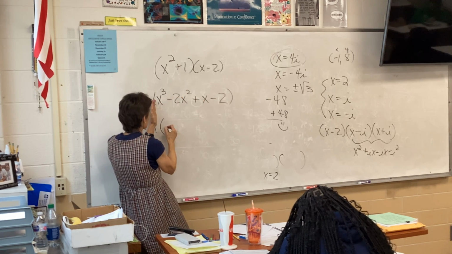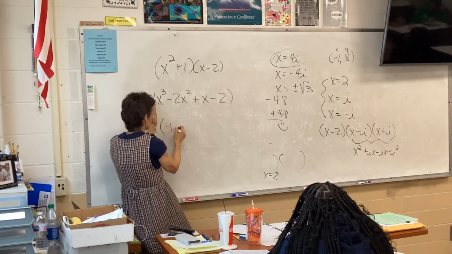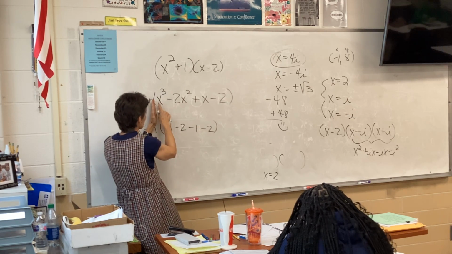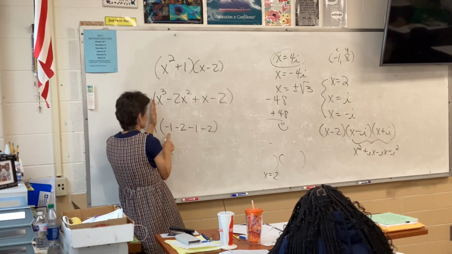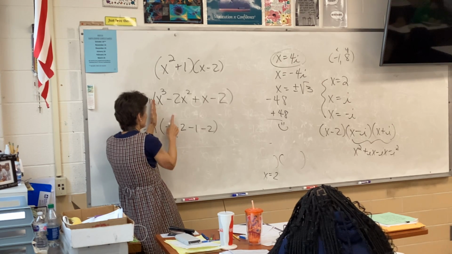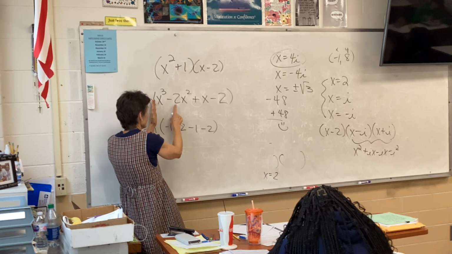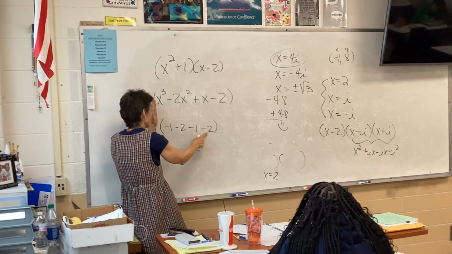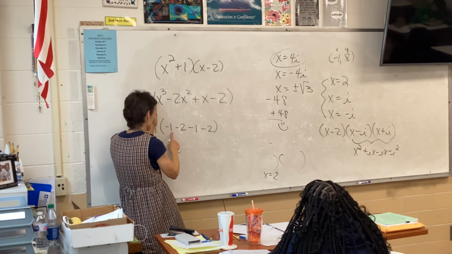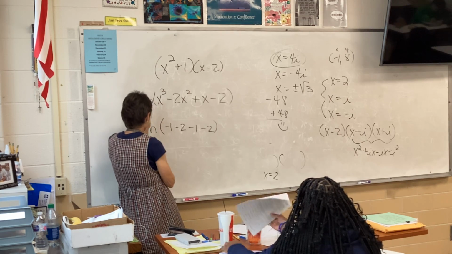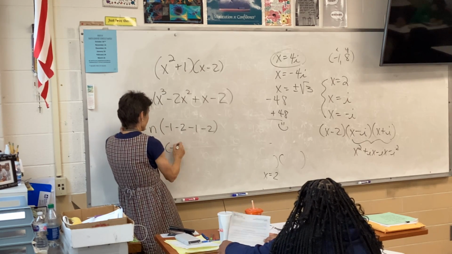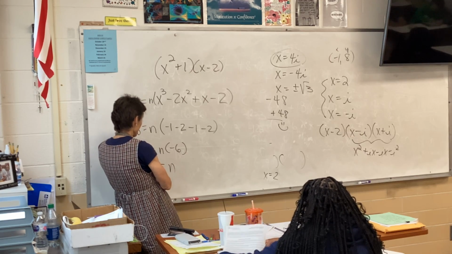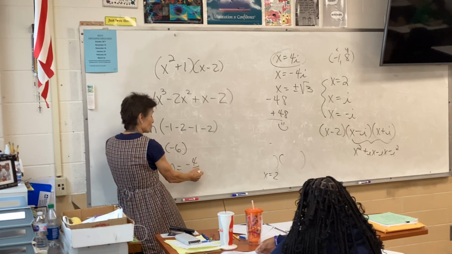So negative 1 cubed is negative 1. Negative 2 times 1 is negative 2. And a negative 1 and a minus 2. So that works out to be what? Negative 6. So n is 8 over negative 6, or negative 4/3.